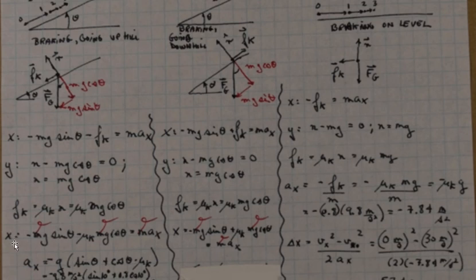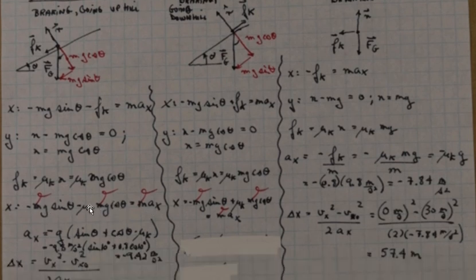And so x now, if I put the expression for f sub k in from here to here, I get minus mg sine theta minus mu k mg cosine theta is equal to m times a sub x. The m's cancel, and I get an expression for a sub x, which is minus g times the sine theta plus cosine theta times mu sub k.